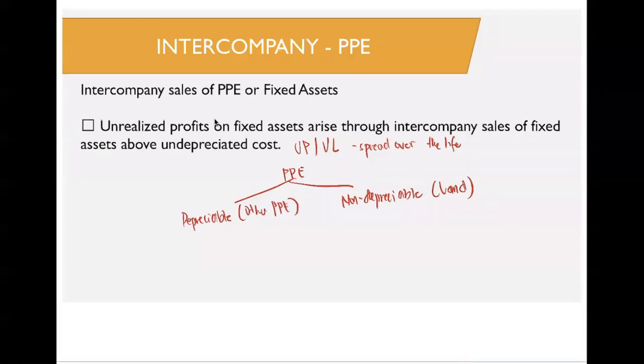For depreciable assets, what are the rules?